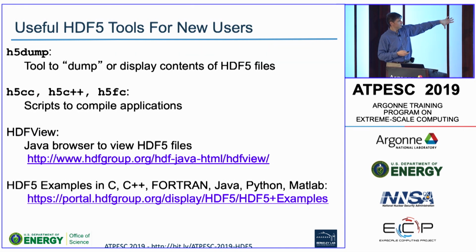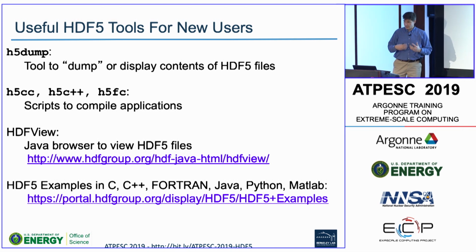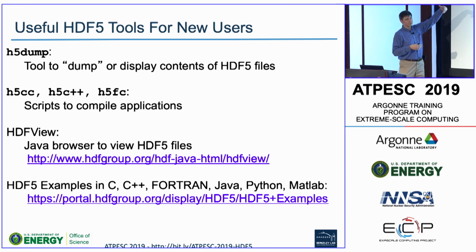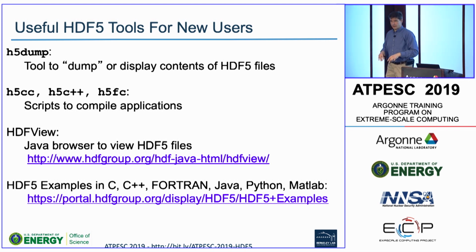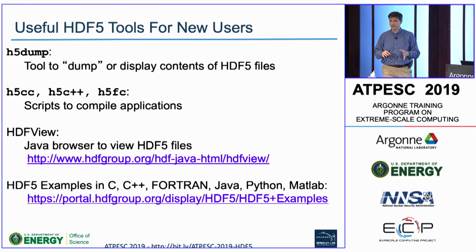Among the tools you might use right off the bat, h5dump is really good. If somebody points you at an HDF5 file and you want to get a quick glance of what's in there, it's a command line tool that displays the group structure. If you really want to look at the array elements, it'll do that, but I wouldn't recommend it for gigabyte-scale data.